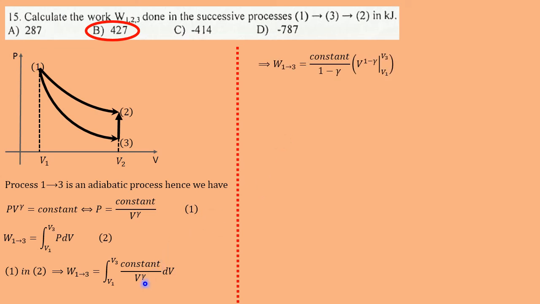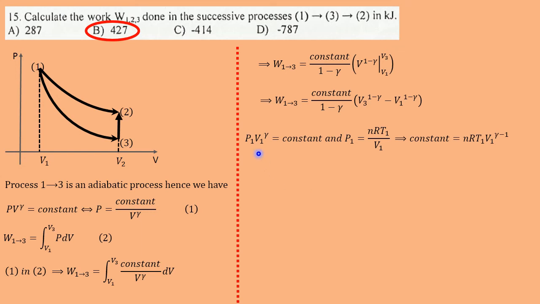Now when we integrate this expression, we're going to have constant divided by 1 minus gamma into V raised to the 1 minus gamma from V1 to V3. So we substitute our limits and we have this equals constant on 1 minus gamma into V3 raised to the 1 minus gamma minus V1 raised to the 1 minus gamma.